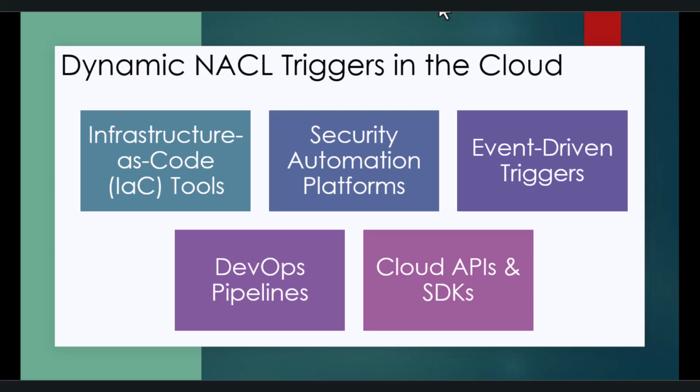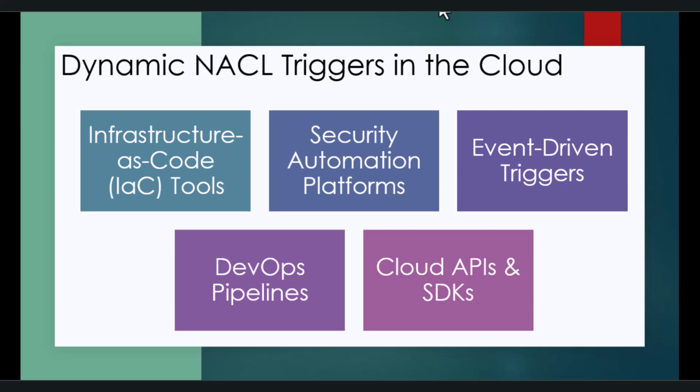Security automation platforms, cloud-native tools like AWS Config, Azure Policy, or Google Cloud Security Command Center monitor compliance and trigger ACL updates. For example, if a misconfigured ACL allows public access, AWS Config can auto-remediate by replacing the rule with a secure default.